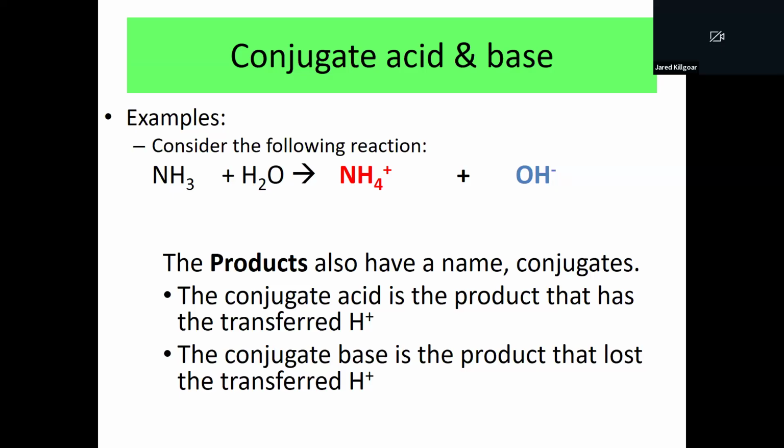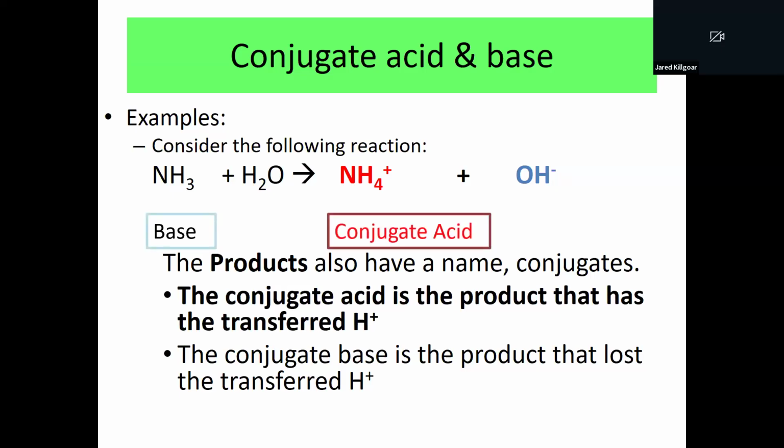A lot of times people will say it's the acid and base in the reverse reaction, and that is basically saying the same thing. So NH3 is our base. Therefore, our conjugate acid is going to be NH4 plus, because that's what has the hydrogen ion in the end. The conjugate acid is always the pair of the base.